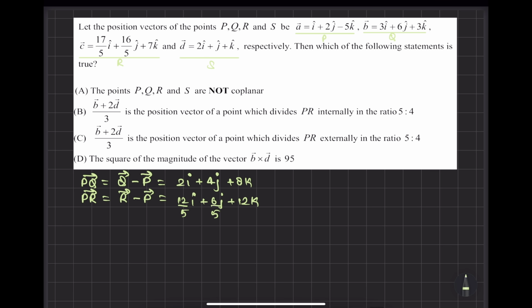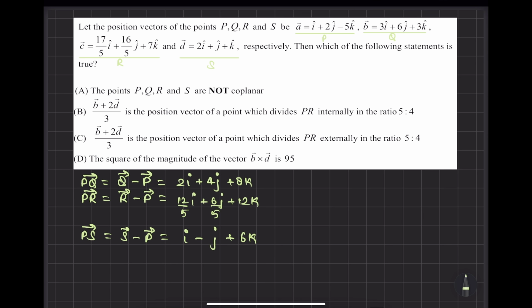Okay, then the PS vector. Can I go with the PS vector? PS vector is what? Final minus initial, same thing. So 2 minus 1 i, 2 minus 1 j, and 6 k. So we got our three vectors.